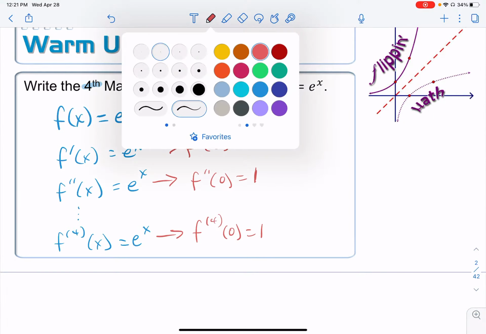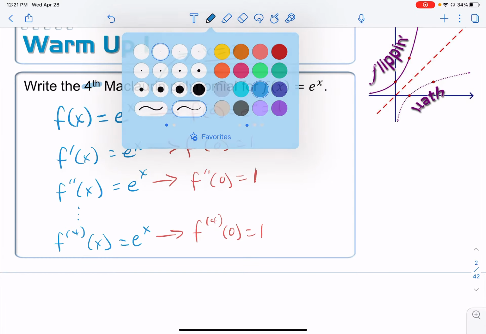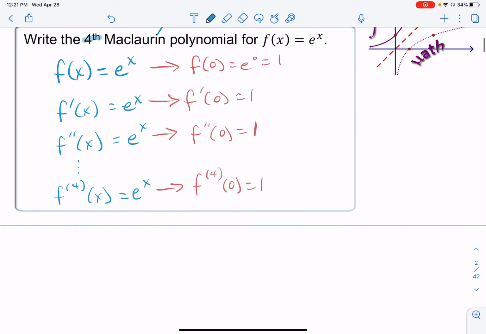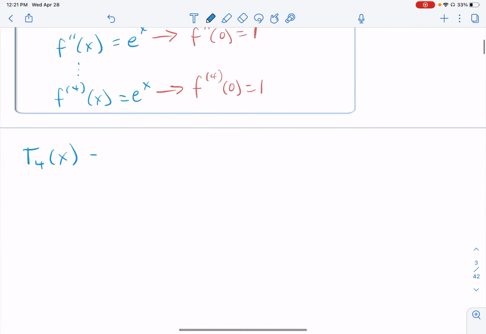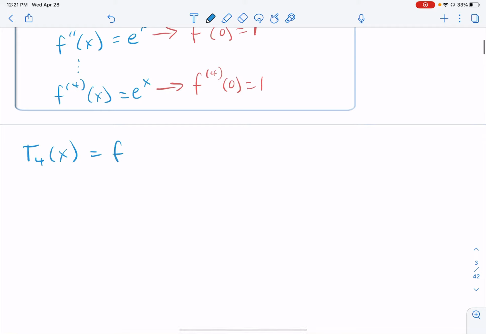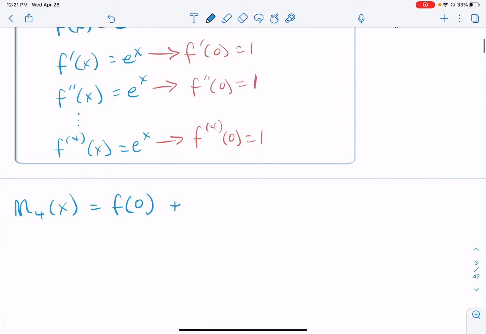Okay, so here then I'm going to put all of this stuff together in the formula for a Taylor polynomial centered at 0, which makes the Maclaurin one. So it goes like this. We want fourth degree. In general, I would write something like this. I would start with the f of 0. I guess this should be like m sub 4. f of 0 plus, then we do our derivative, f prime of 0 times x.